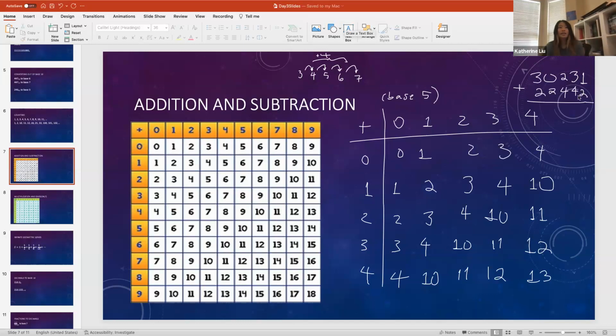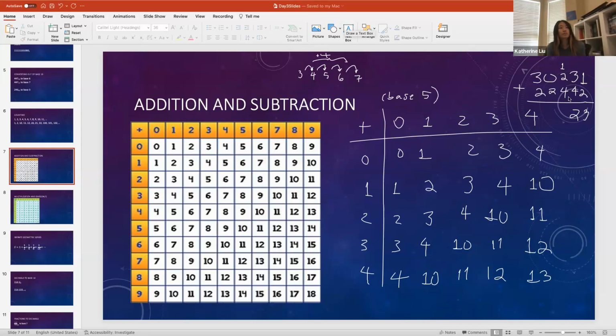You can just add them column by column, just like you do for regular addition. So 1 plus 2 is 3, and then 3 plus 4, that would be 7. And that's equal to 12. So we're going to write down the 2 and carry the 1, because as we see here, 3 plus 4 is 12. So 2 and carry the 1.